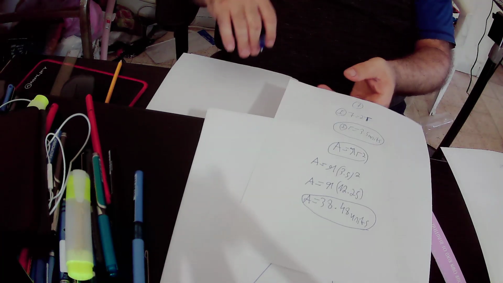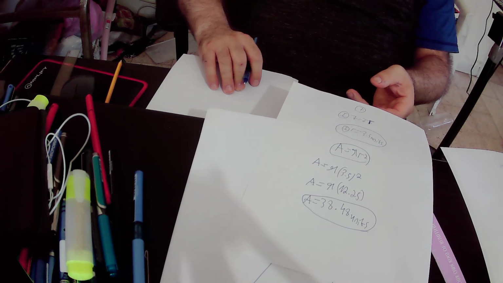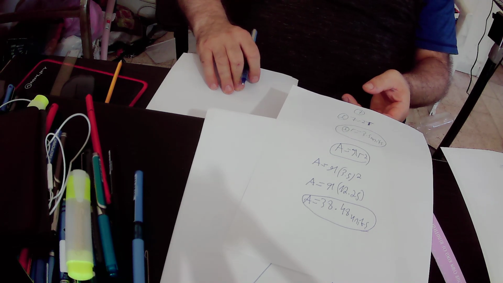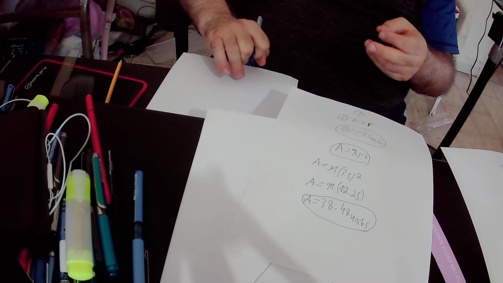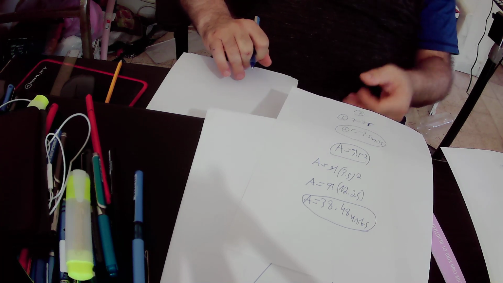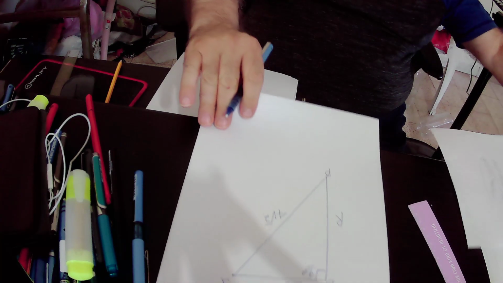So the area of the yellow circle equals 38.48 units.